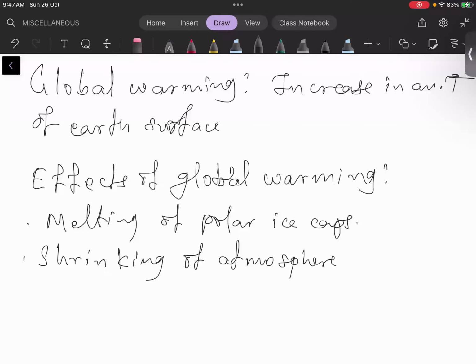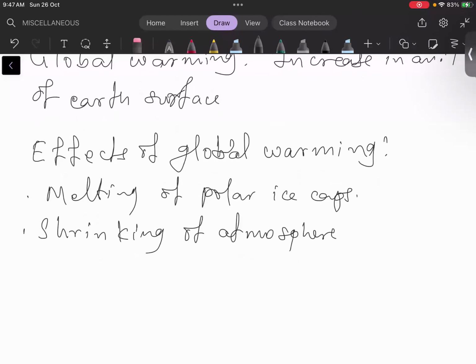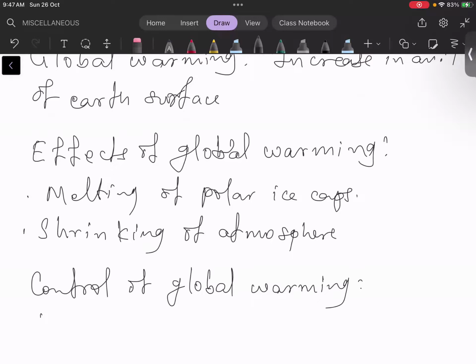Then, how to control global warming? First, reduce use of fossil fuels.